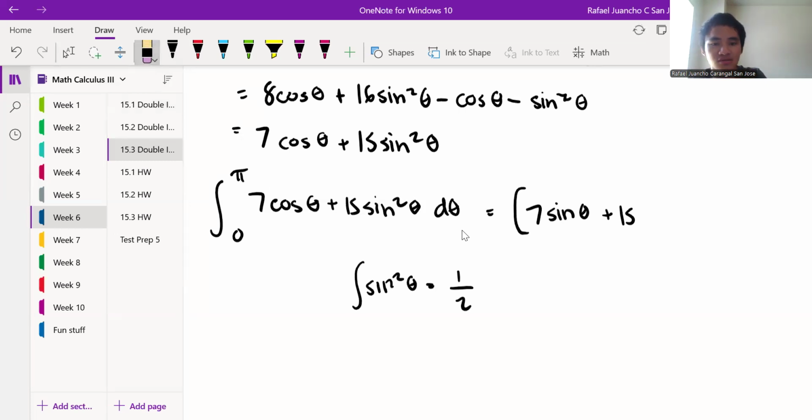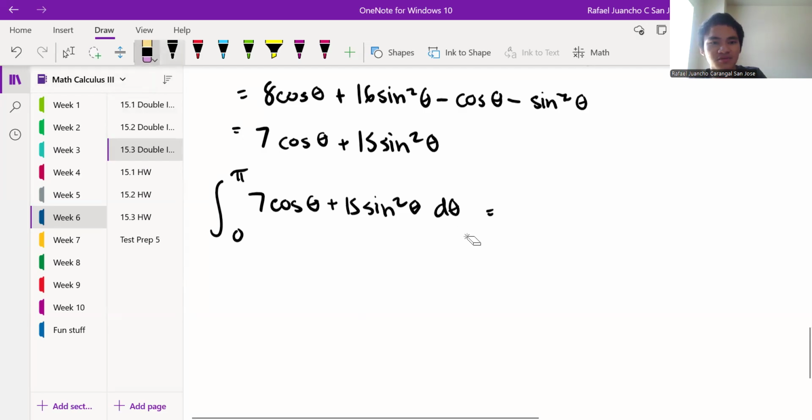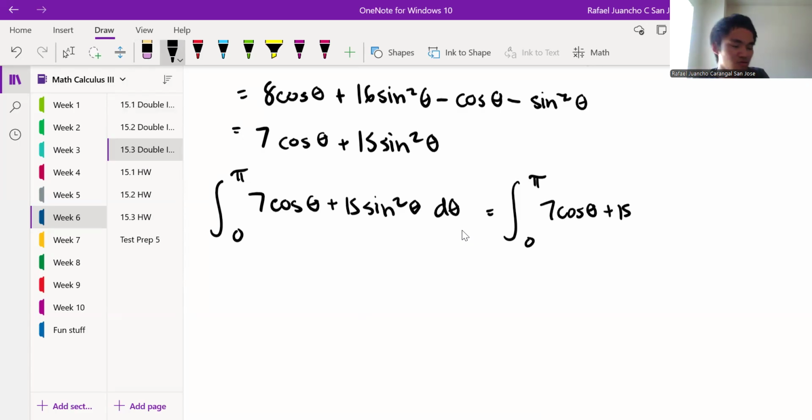So what I'm saying is this becomes something like this. 15, and then here we have 1/2 of 1 minus cosine 2x. Right?